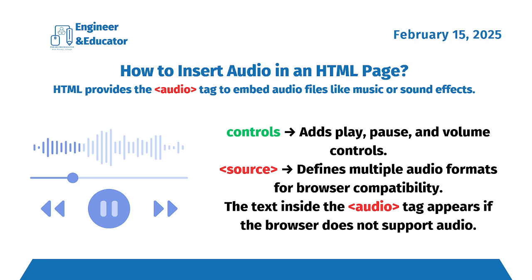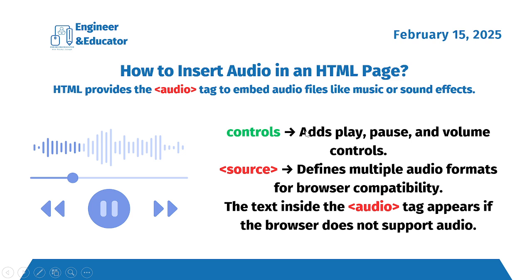I'll show you how to use that audio tag. So HTML provides the audio tag to embed audio files like music or sound effects, and a controls attribute is used there. Also inside the code that I'm going to provide you, I have used the source tag also. This is a tag, this is a tag, and this is a controls attribute that is used.